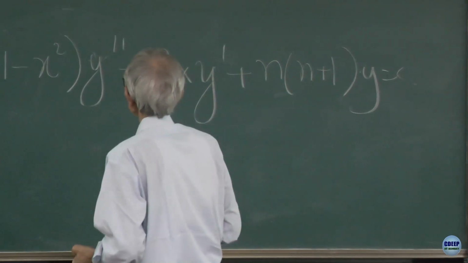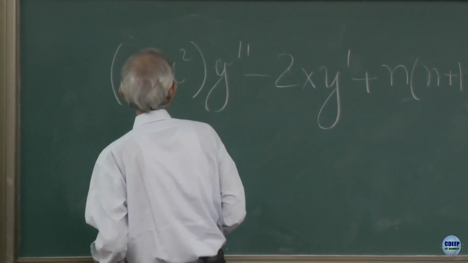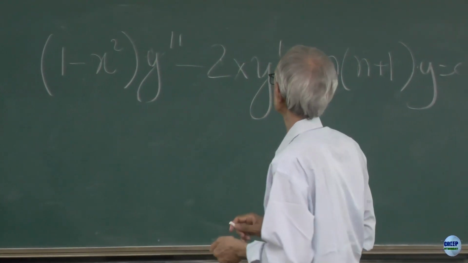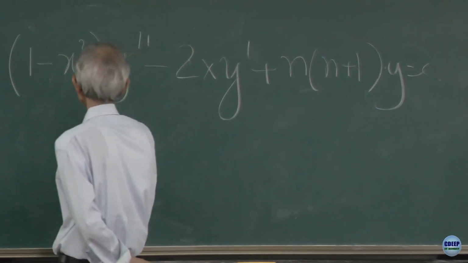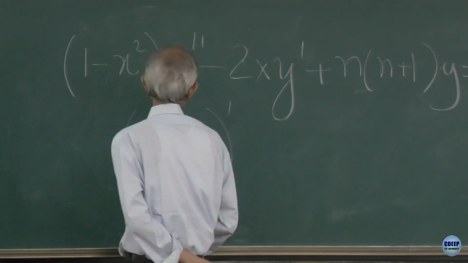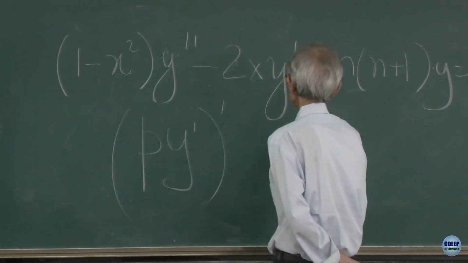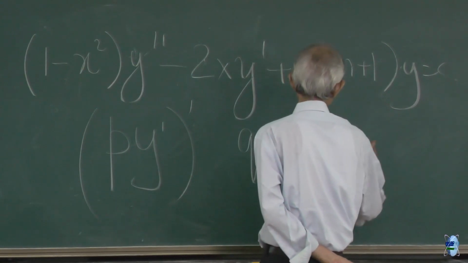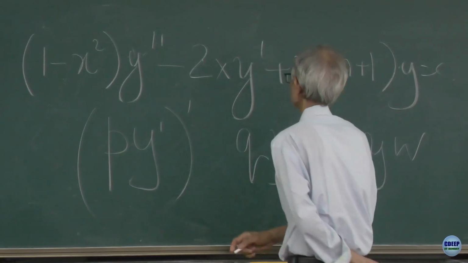Okay. And if we look at this here, this is in the Sturm-Liouville form, because if you recall the Sturm-Liouville form, we said p y prime, the whole prime, and then there was a q y, and then there was a lambda y times a w.